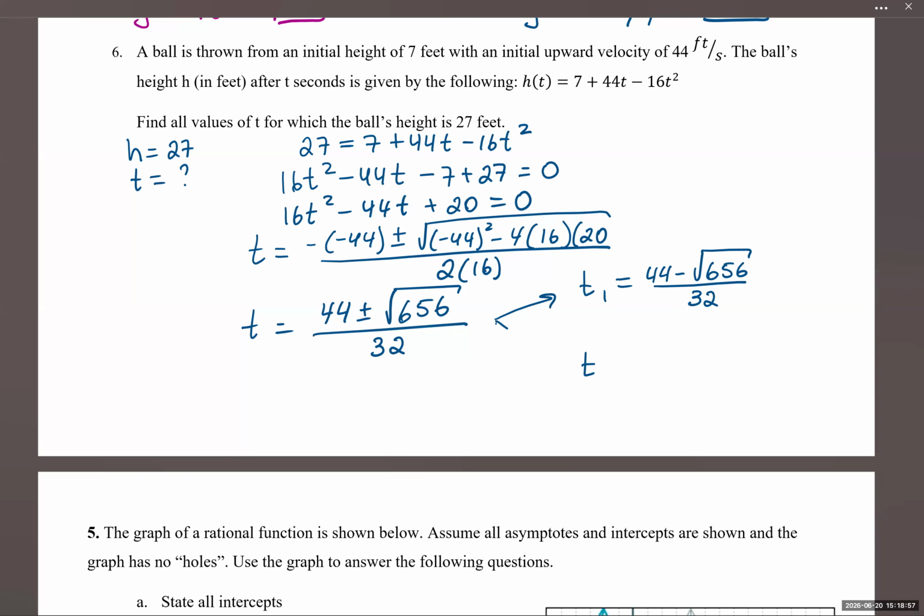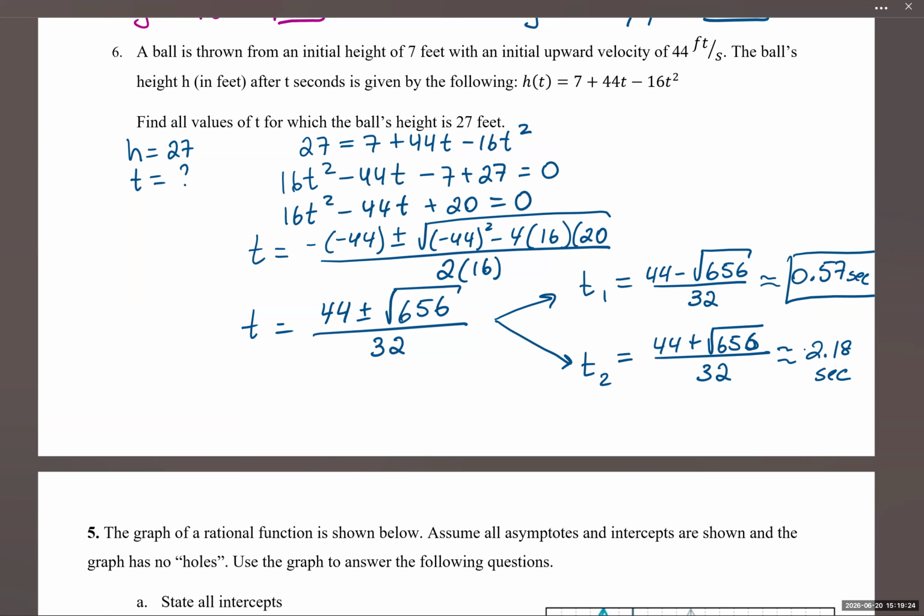And T2 would be 44 plus the square root of 656 divided by 32. Calculator. We're rounding to 2 decimals here. So the first one is 0.57 seconds. And the second time would be 2.18 seconds.